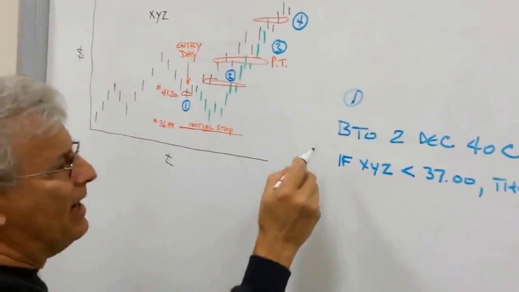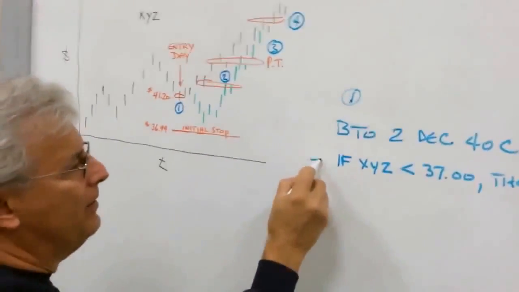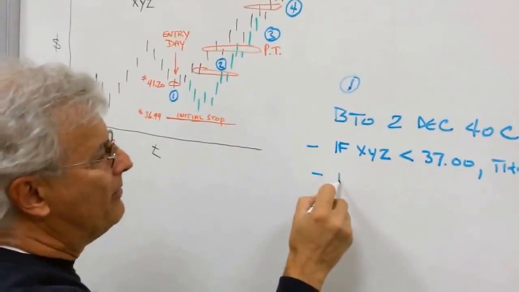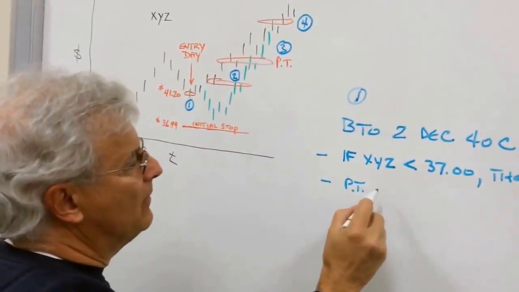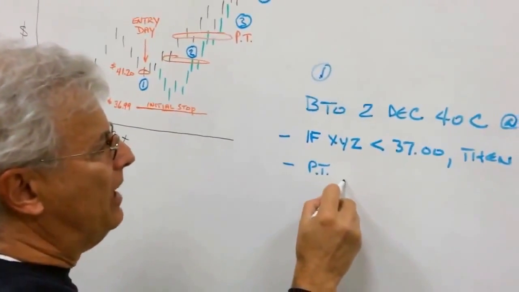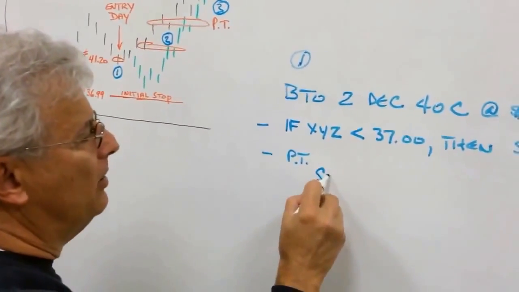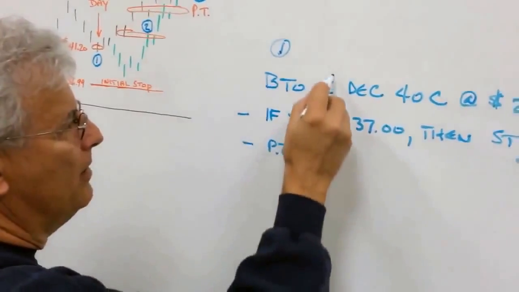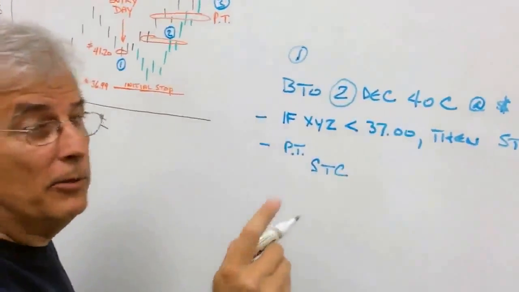At the same time we enter the initial stop, we're going to enter the profit target, and we do that directly with the option. We're going to say sell to close. Since we are long 2, we want to sell half now.